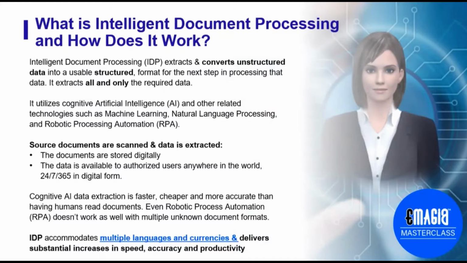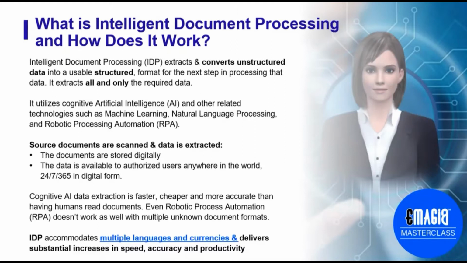How does it do it? Well, artificial intelligence, AI, I'm sure you've all heard about that. And then some of the other related technologies that support and enhance AI, such as machine learning, natural language processing, and kind of the cousin of AI, robotic processing automation, RPA.